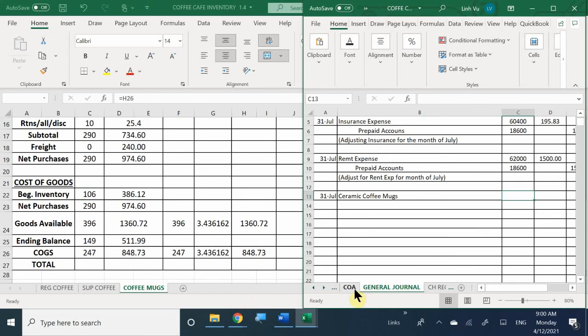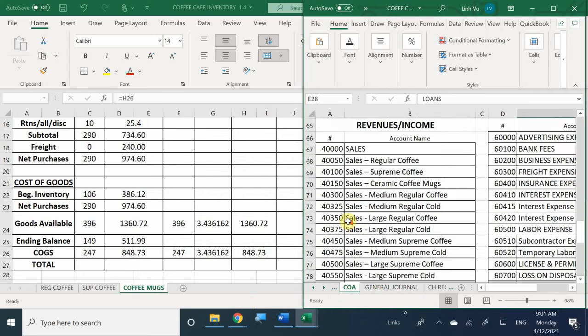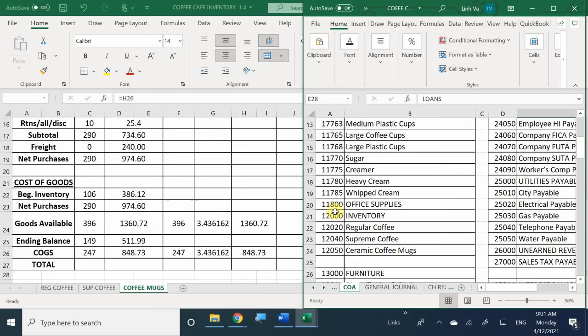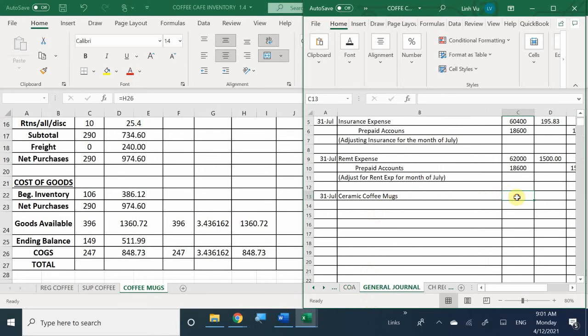Item, I believe it's like 14, 120.50. Okay. What else do I need to recognize? Cost of goods sold.